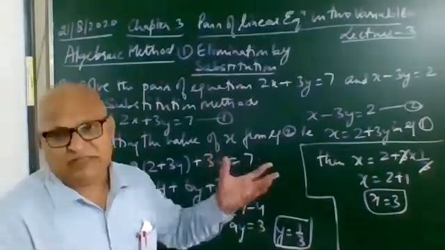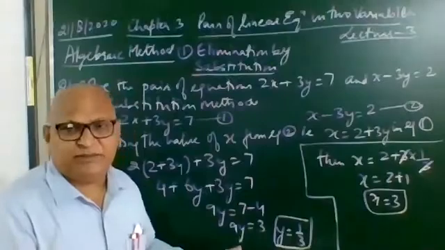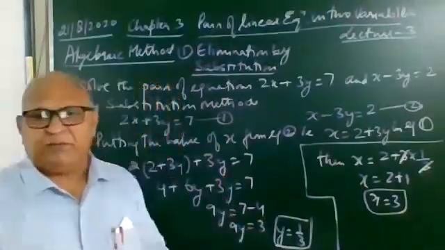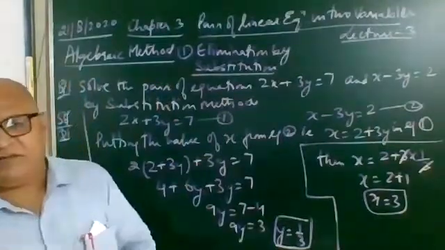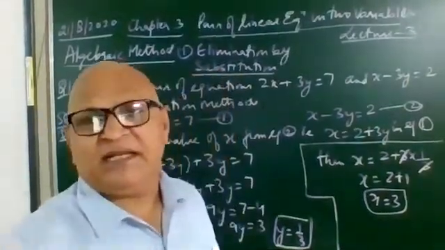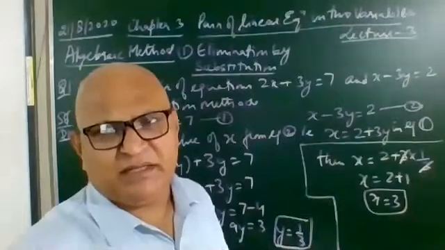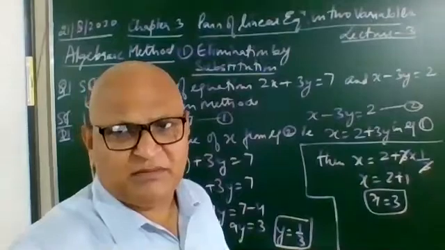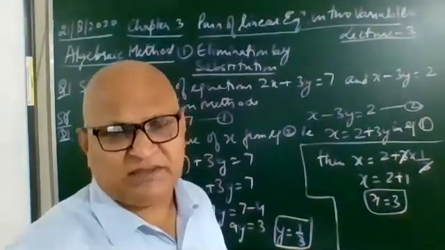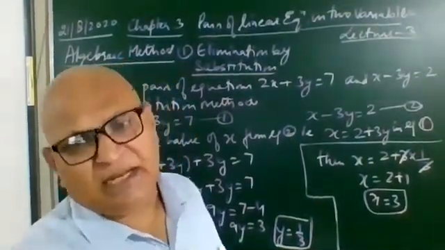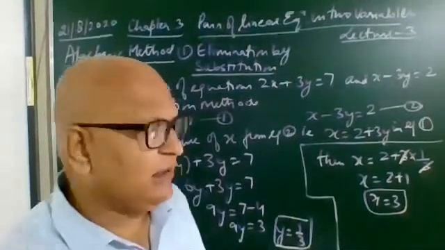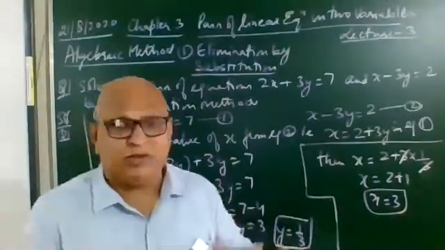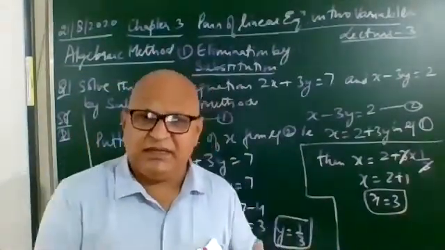Sir, I know the substitution method, I know the cross multiplication method or elimination by equating the coefficient. But generally the method we will be using is elimination by equating the coefficient. In the application of word problems, we use this type of method. So unless it is said to use a particular method, you will not use the other method.